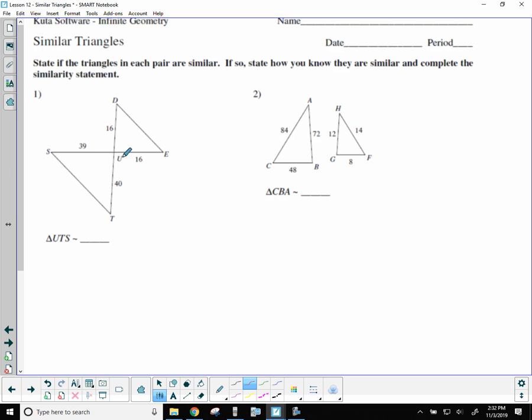Not similar. As you go throughout this page, make sure you check every single ratio. They need to be the same. So just hop through that, try to knock them out.